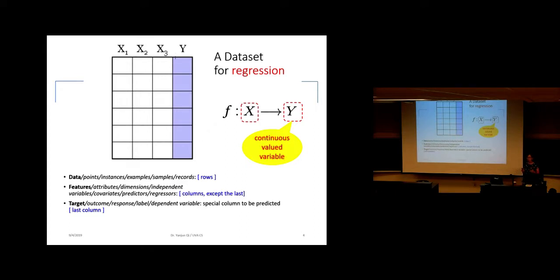They all mean the same thing. And the last column, in our case there's only 1 target variable, we call target, response, label, dependent variable. It's just the one we're going to predict, and in the regression case, this is a continuous variable.